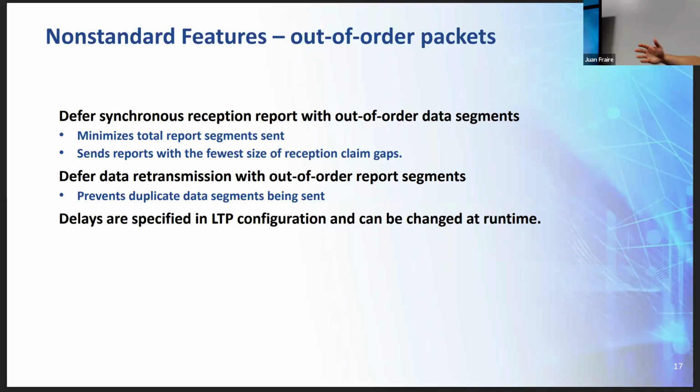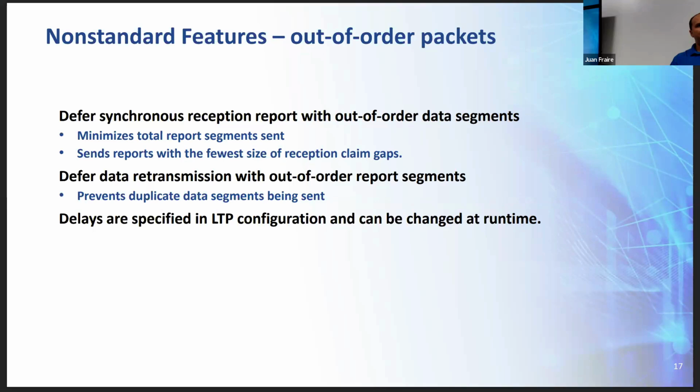You send these UDP packets out, they arrive out of order at the receiver. And that can be a problem with LTP. And I'm going to thank Brian Tomko for pointing this out with these networks that can tend to do this.